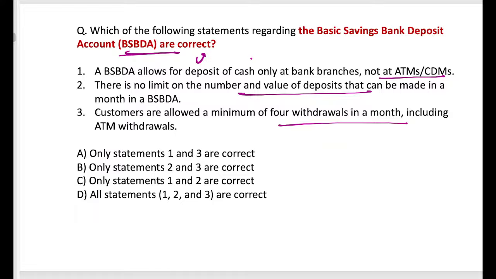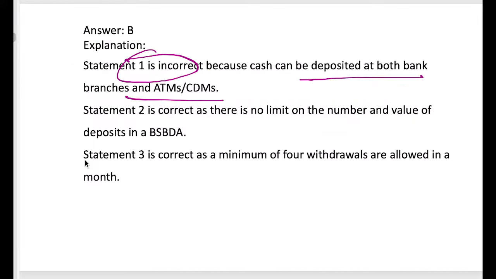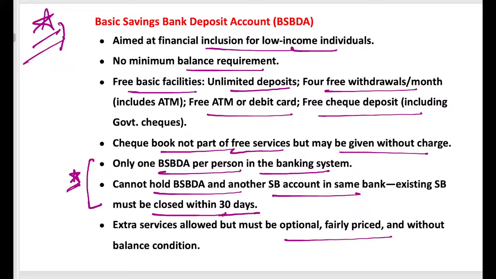So they can use these particular ones also, okay, so this is wrong, that is allowed, and no limit on the number and value of deposits that can be made in a month. Customers are allowed a minimum of 4 withdrawals in a month including ATM withdrawals and all, okay, so that is also true. So 2 and 3 means option B should be the right answer for this particular question. Very good.